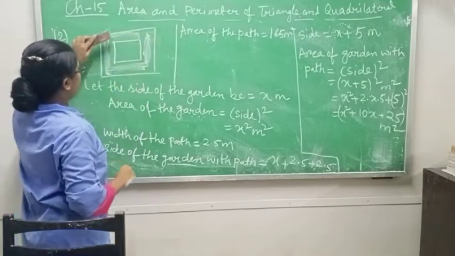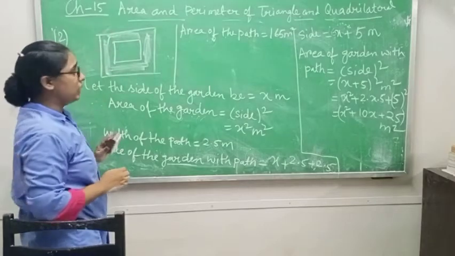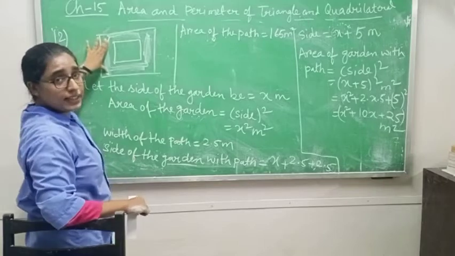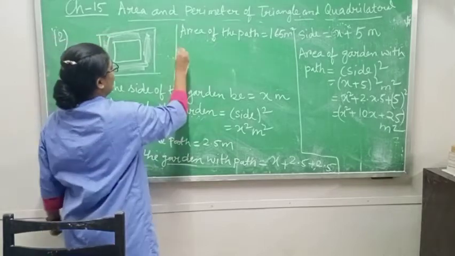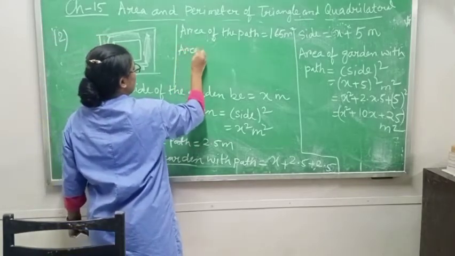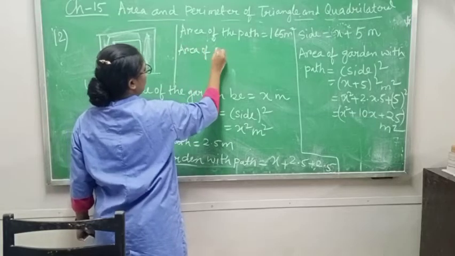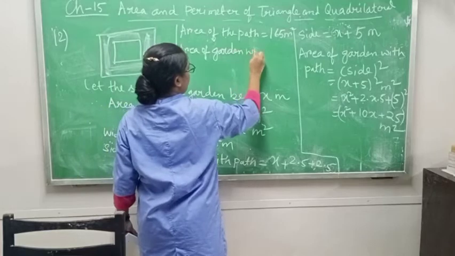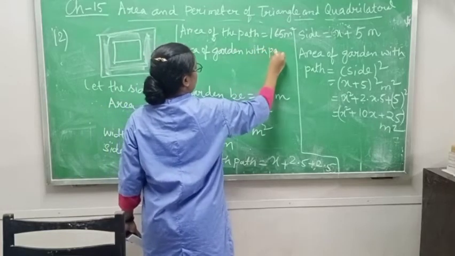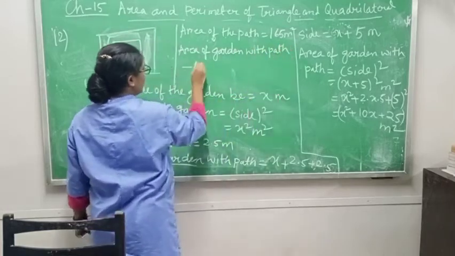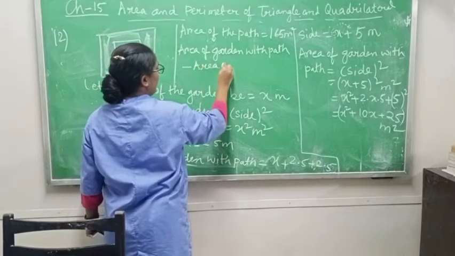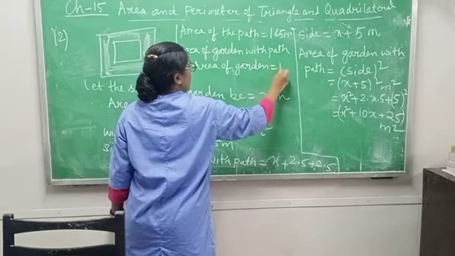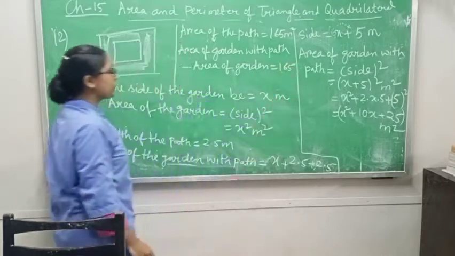Okay, so if you see the diagram properly, this is how we will find the area of the path. We can write area of garden with path minus area of garden equals 165. Why? You can ask me why.